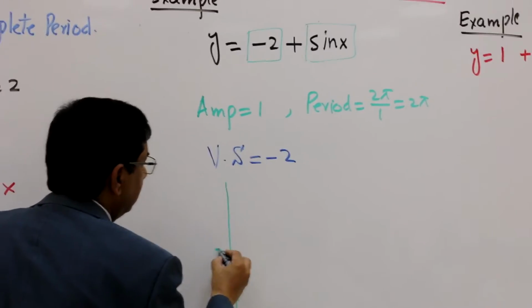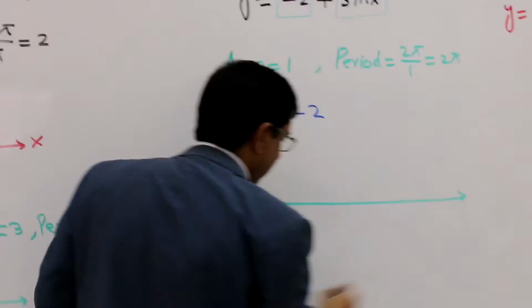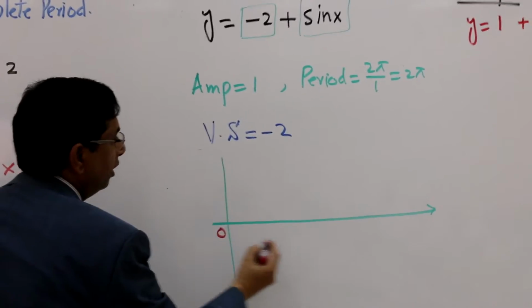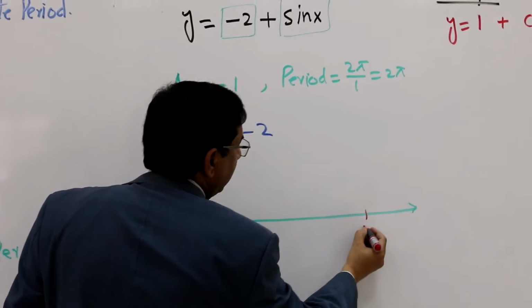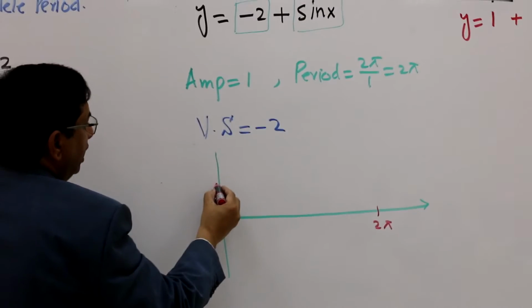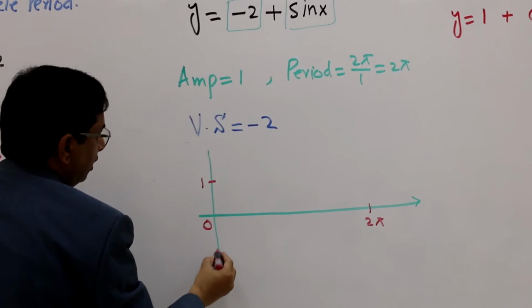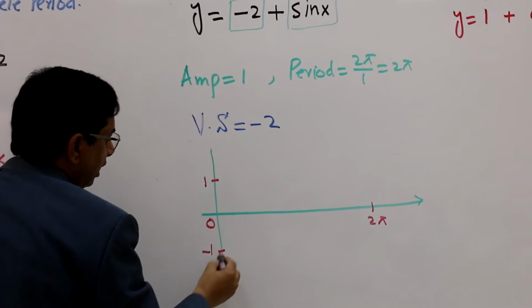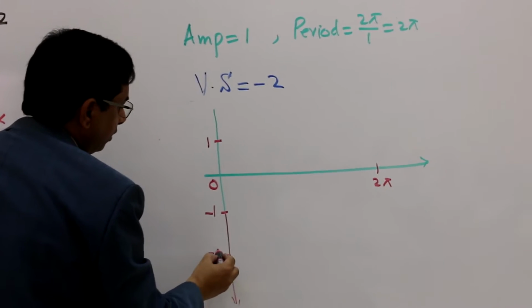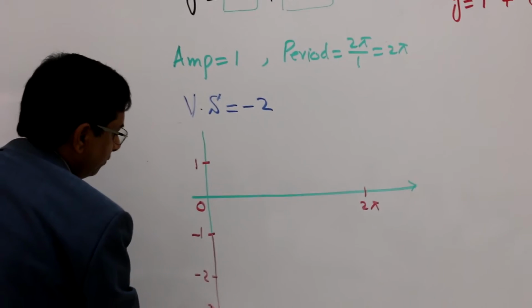So see here, this is the graph, the same way, 0 and 2π. I mark 2π here. The amplitude is 1, so the height of the graph will be 1. The shift is negative, so I have to move it down by 2 more steps.